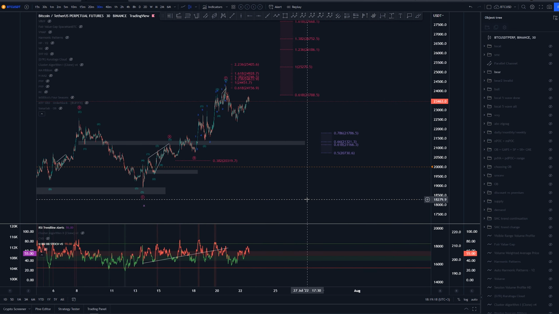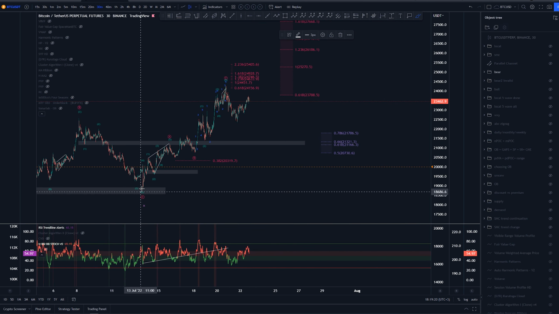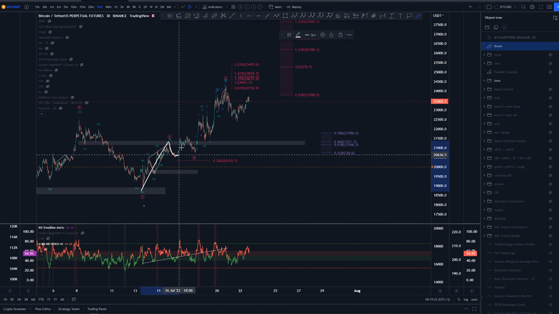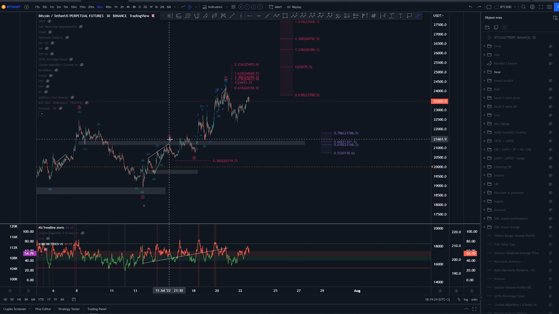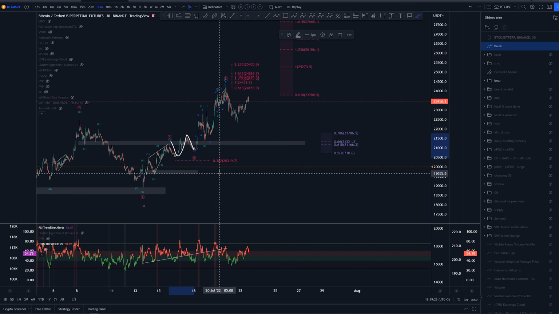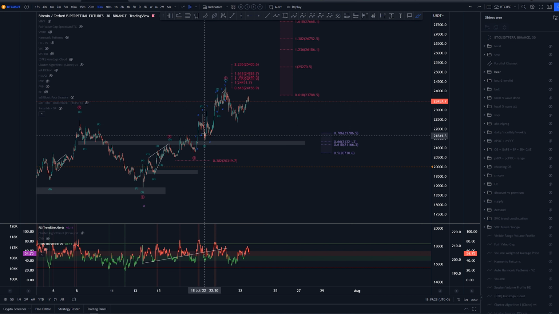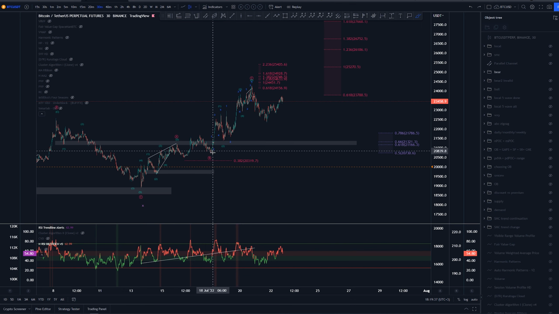However, if we are looking at this as such, we could be looking at this as a 3-way pullback here into B, some kind of running flat here. I don't really like this structure overall, but again, that is something we have to just deal with. The market just gives us some kind of structure, and it is not always perfect.